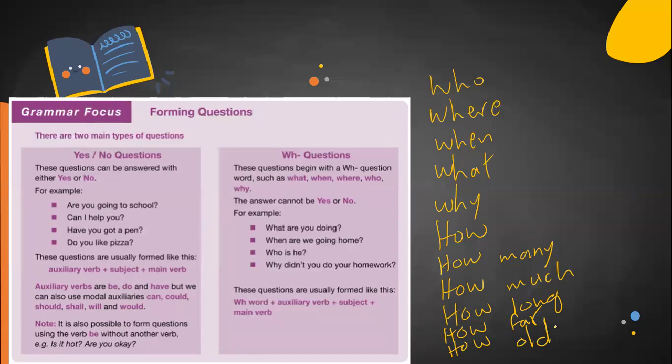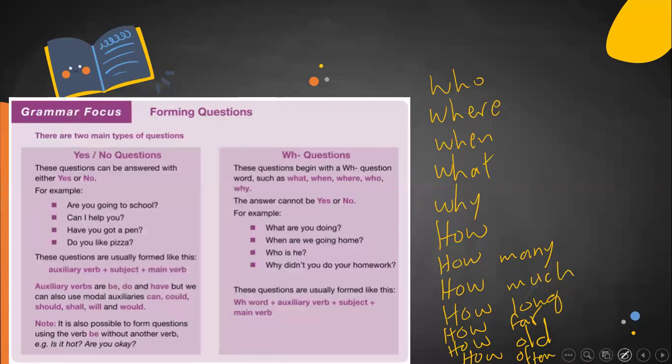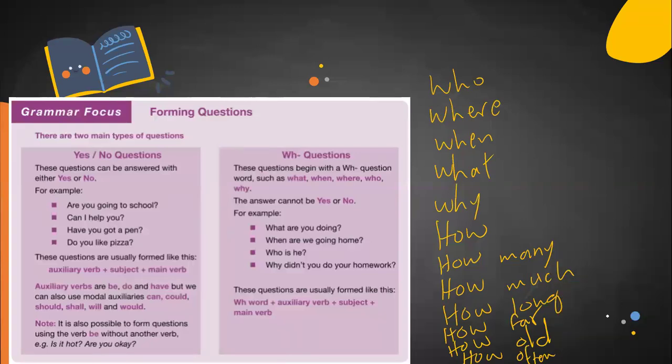Okay. So again, we have who, where, when, what, why, how many, how much, how long, how far, how old, and how often. Okay. Now, how can we use them properly? We can use them according to the answer that we want to get.